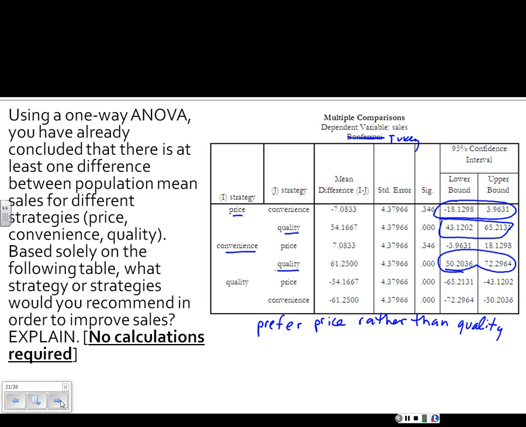So you should also prefer a convenience rather than a quality approach. So again, price and convenience we couldn't tell a significant difference between those, so we're going to use one of those. Basically, the conclusion of this one is, for this product, don't use a strategy based on quality. People don't care about it for this product.